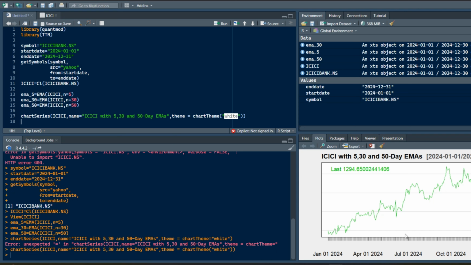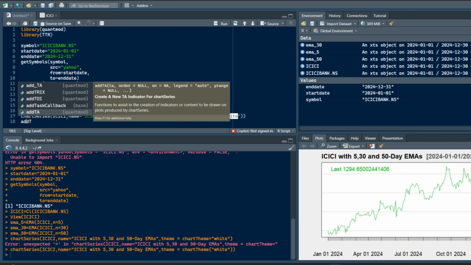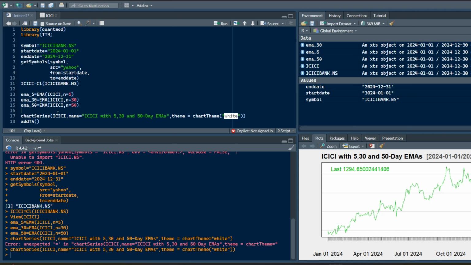Now on this we are going to overlay these 3 EMAs. So for this we are using the code addTA.